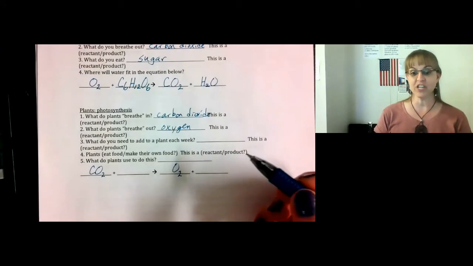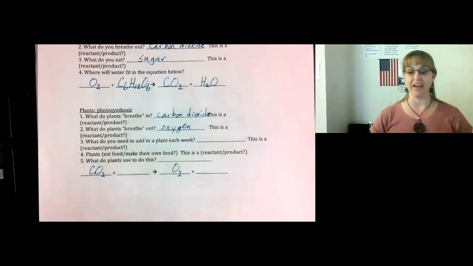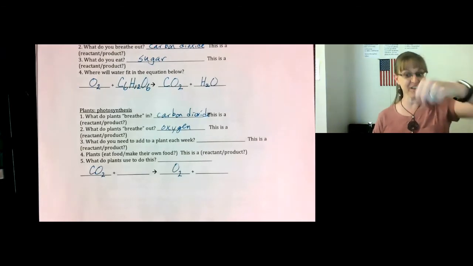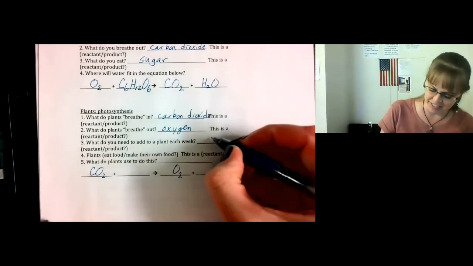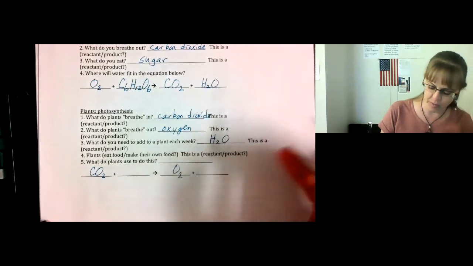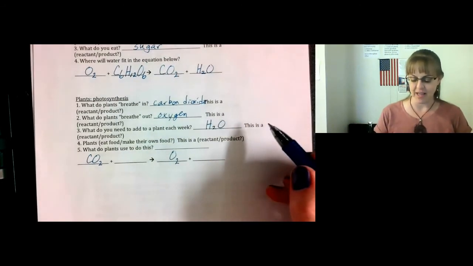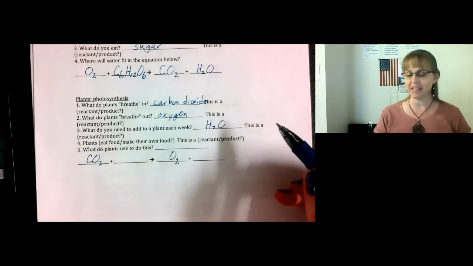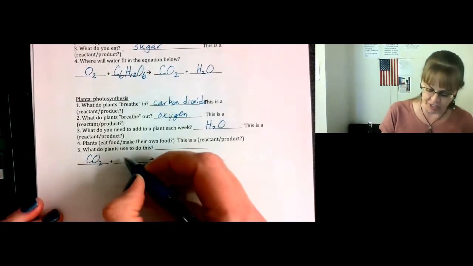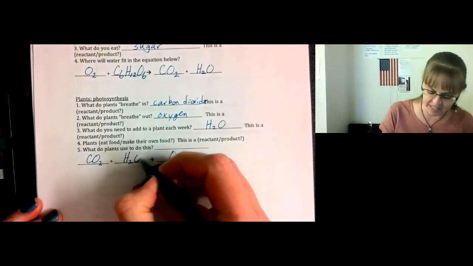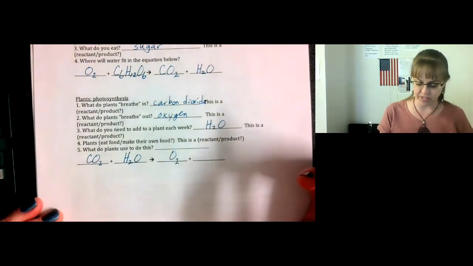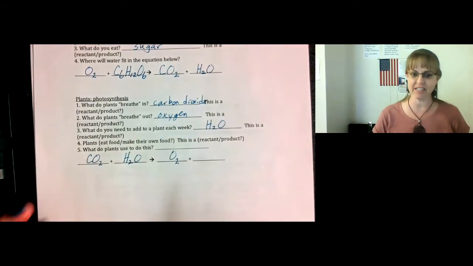Now, what do you add to a plant each week? Every week you probably pour in water. So H2O is something you add to the plant. The plant takes it in. So water is a reactant, or you could write out the word water, whichever you prefer, and it is a reactant.